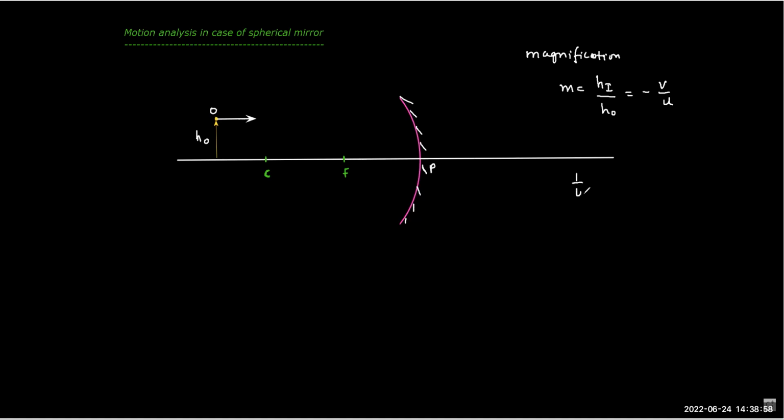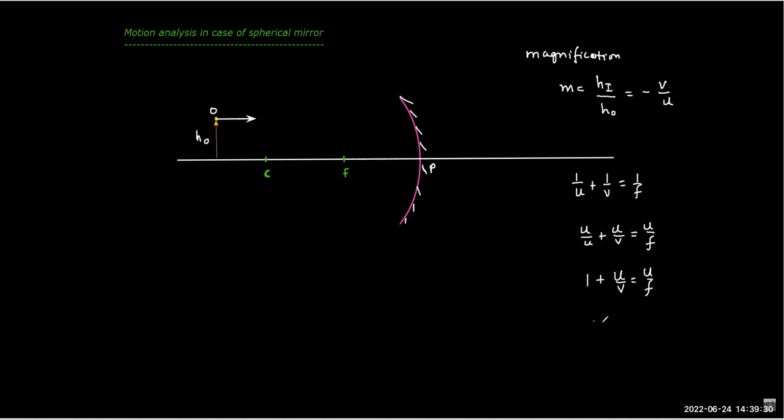And from the mirror formula, we know 1 by u plus 1 by v equals 1 by f. And if I multiply with u on both sides, why am I doing this? Because I want to express the answer only in terms of u and f, the object's position. The image position we want to avoid. Doing this will give you this opportunity of avoiding.